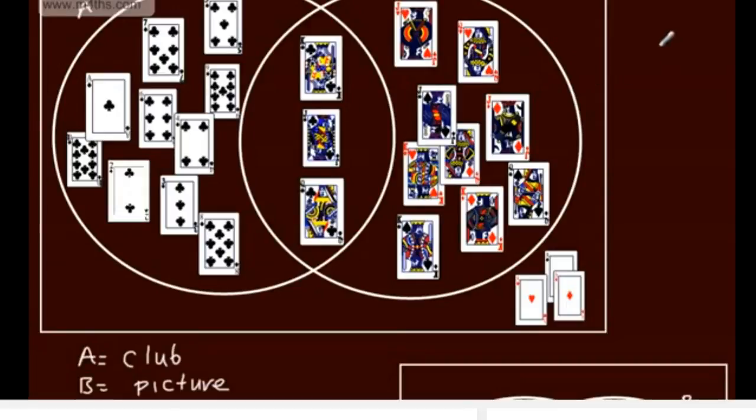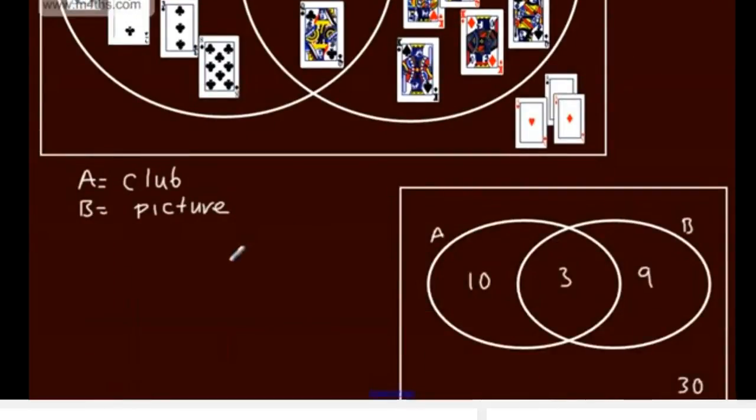So we're going to have a probability of 3 over 12, which we could break down to 1 over 4. So given that it is a picture card, the probability that it's a club is 3 over 12 or 1 over 4, as we're considering picking from B and we are looking only at the intersection. This gives rise to the multiplication rule.